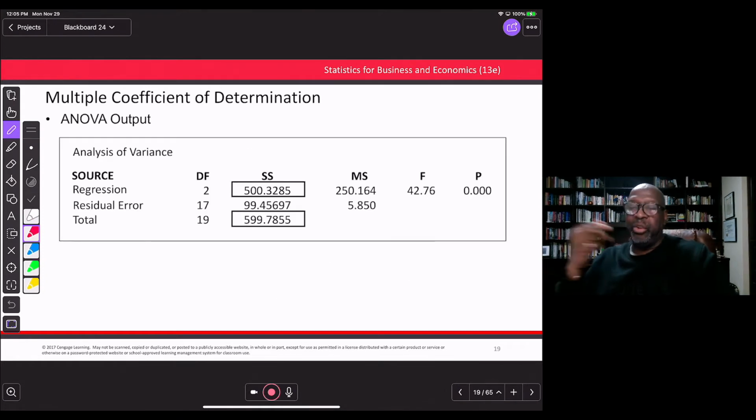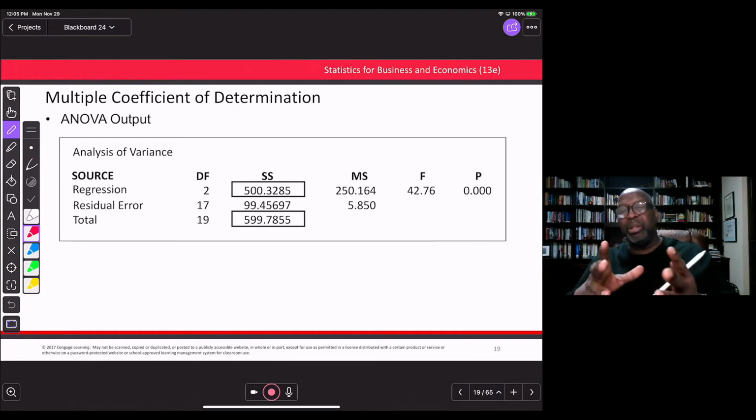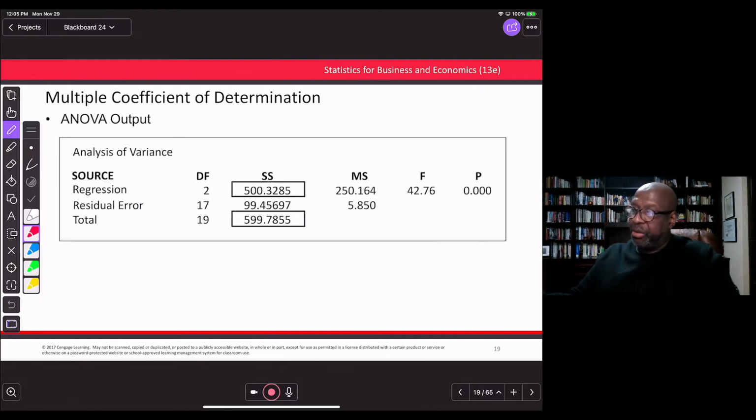And we could get an ANOVA table that looks very similar to the one that we got in simple linear regression and interpret the values. All right. Excuse me. So this would actually be n minus 1. This is n minus p minus 1, where p represents the number of independent variables, and this is p.